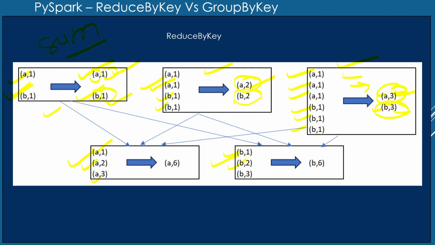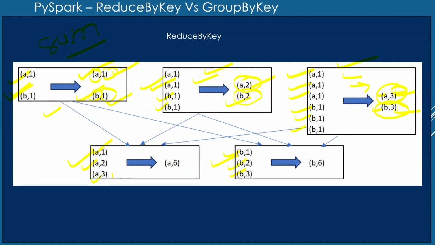This B2 is coming from this partition. This is the result of some aggregation which has taken place in this partition, and B3 is coming from here. So this is the sum aggregation for the value per key which has taken place over this partition.